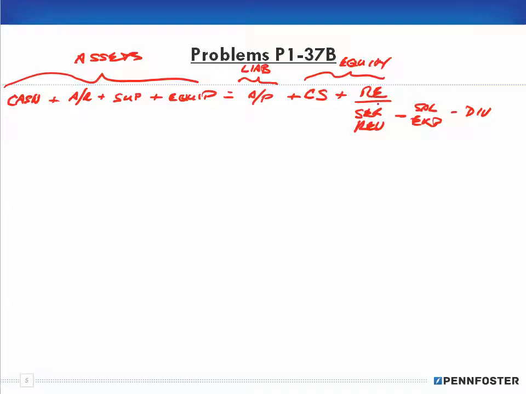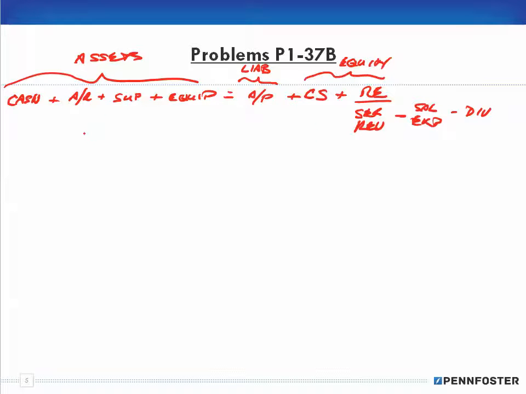That's how it gets moved into retained earnings, which is part of equity, which brings the accounting equation back in balance, because as soon as we make a journal entry that doesn't affect an asset, a liability, or equity, meaning if we use a revenue, expense, or dividend account, our accounting equation is out of balance, and at the end of the accounting period, we have to bring it back into balance.